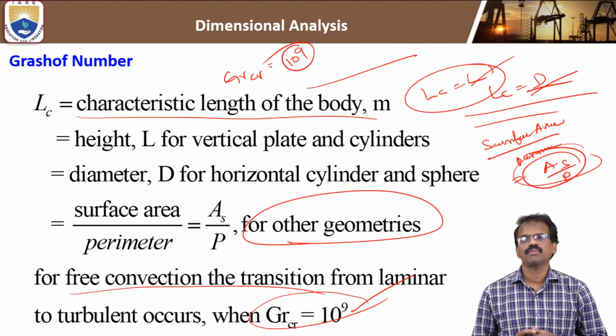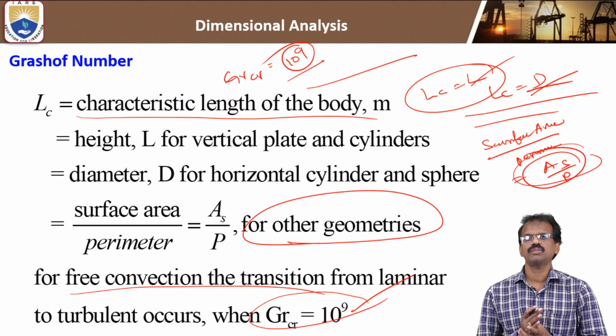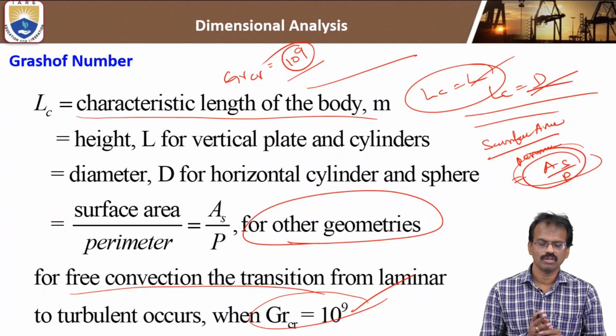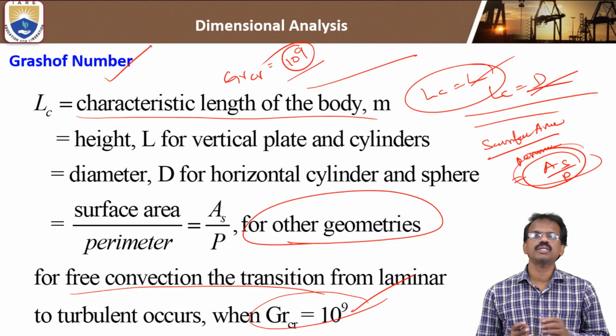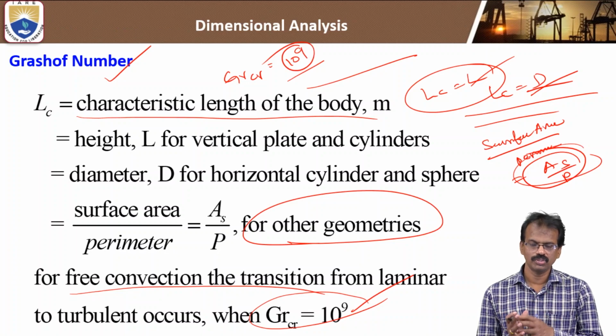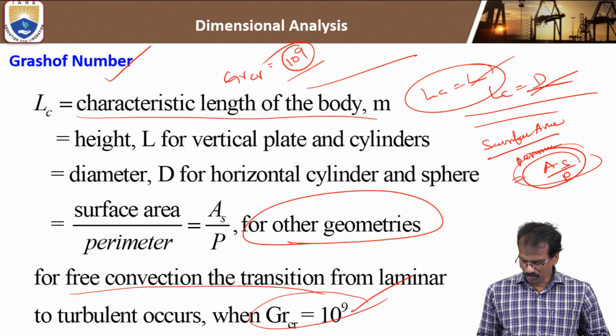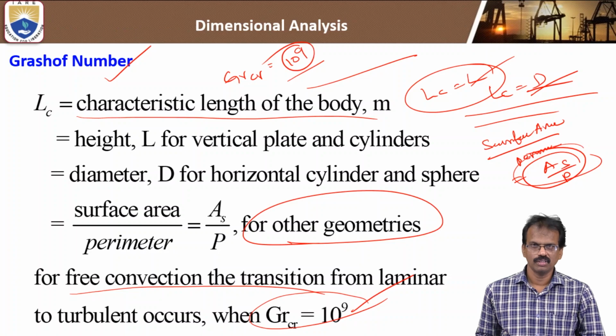Greater than 10 to the power of 9 shows turbulent flow. So in natural convection, to identify the flow of the fluid, we use the Grashof number. In forced convection, to identify whether the flow is laminar or turbulent, we use the Reynolds number. So the Grashof number is used in the natural convection process, and the Reynolds number in the forced convection process.